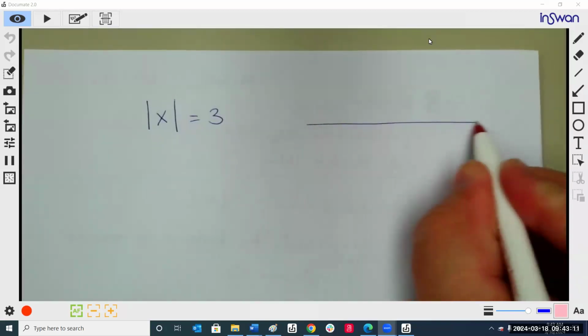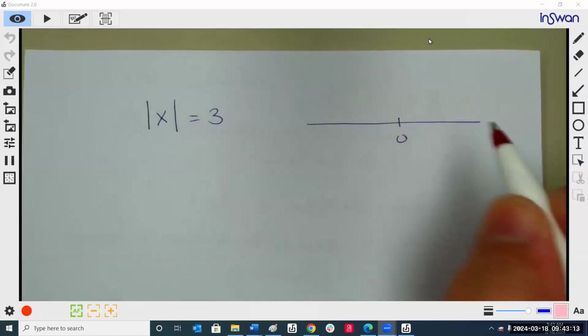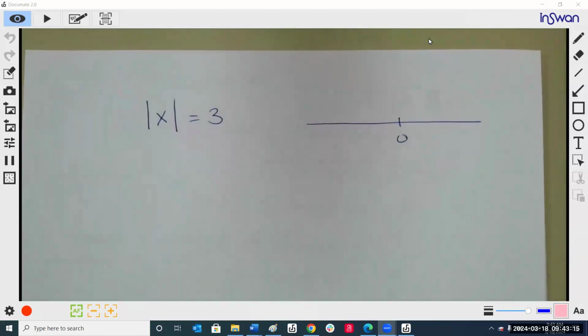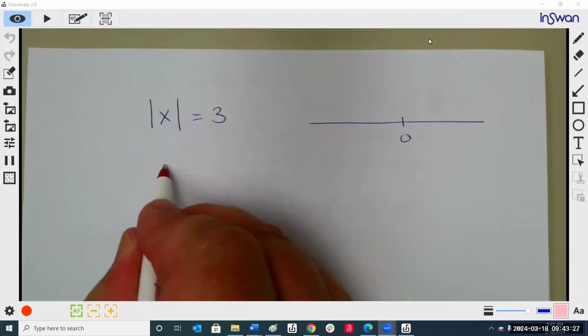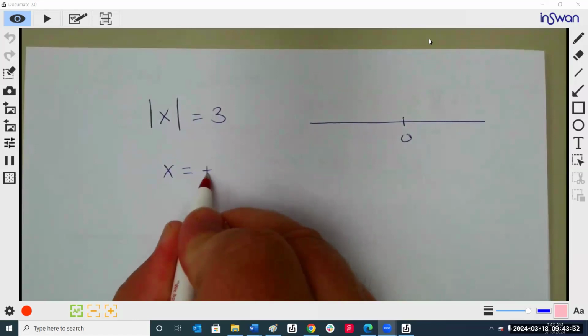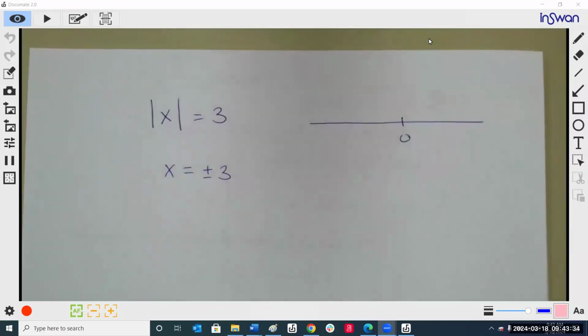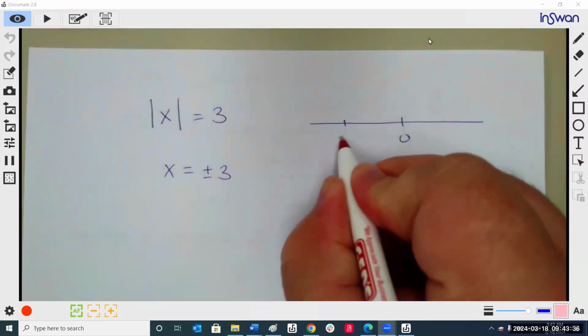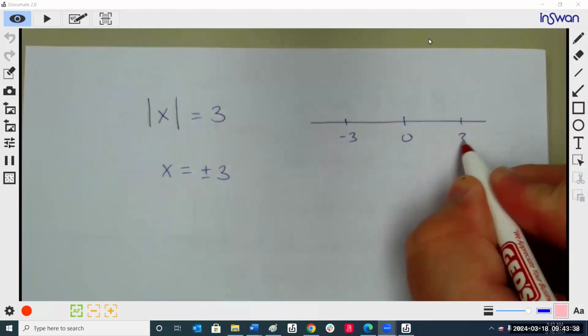What are my answers here? x is 3 away from 0. So what numbers does that make my answer? What does x become? Yeah, it becomes positive 3 and -3. Because both of those numbers are 3 away.